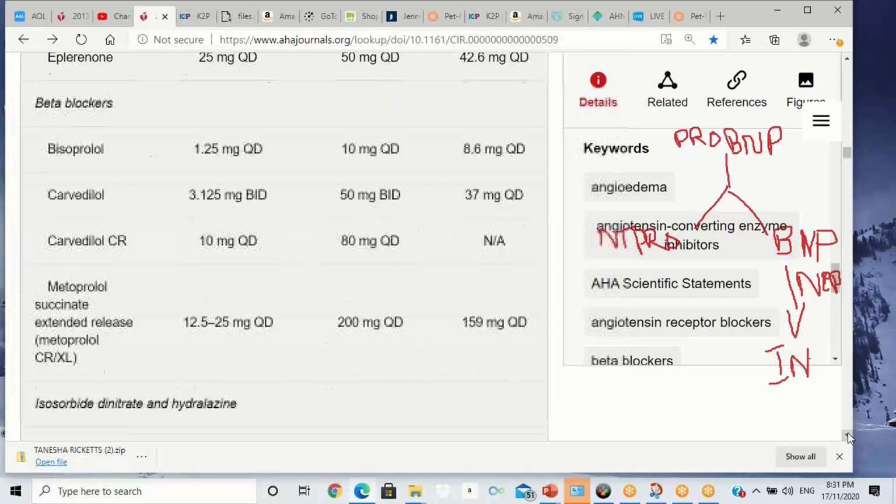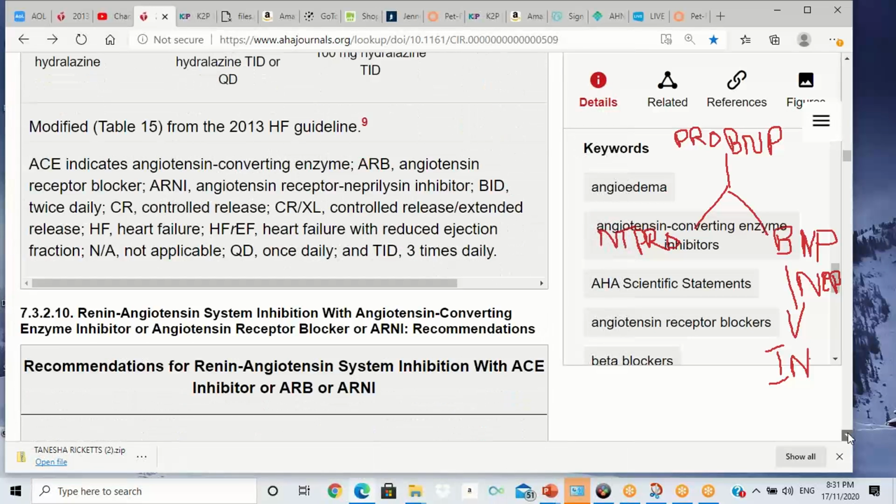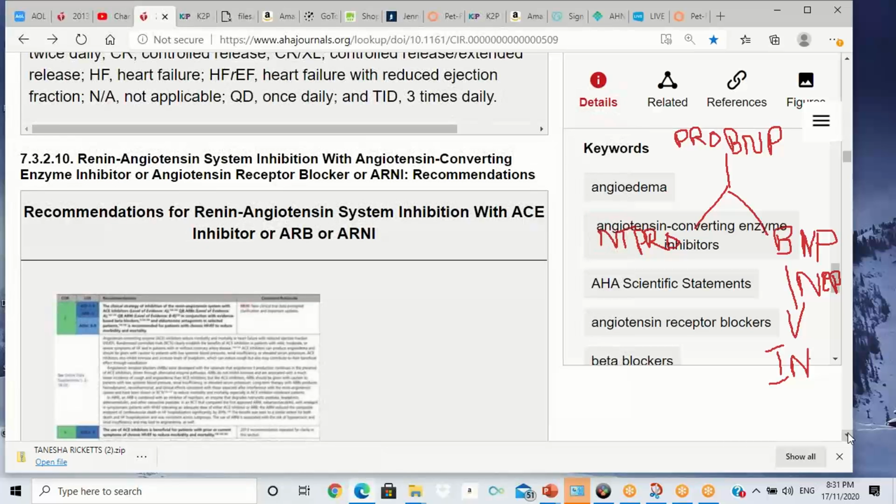So there's not much updates, to be honest with you. We talk about the ARNI, okay? The patient is on the ACE inhibitor or an ARB. Before you start the ARNI, you have to stop the ACE or the ARB, give them 48 hours, and then you start your ARNI.